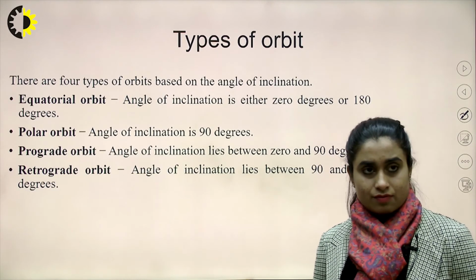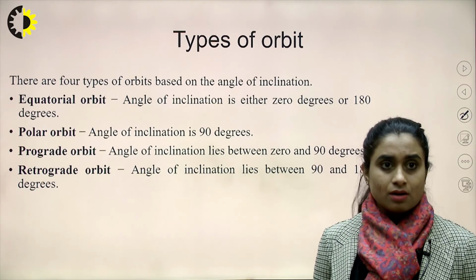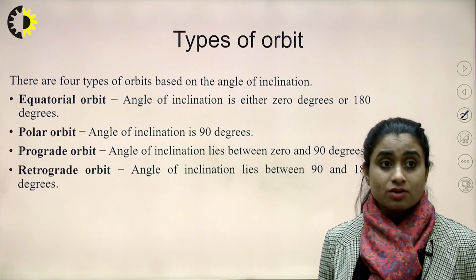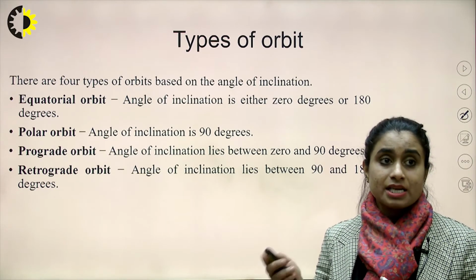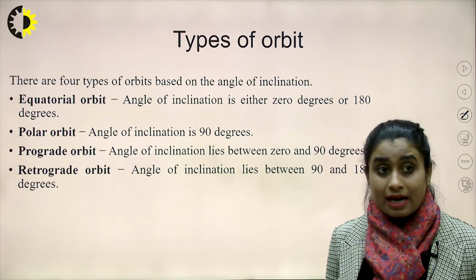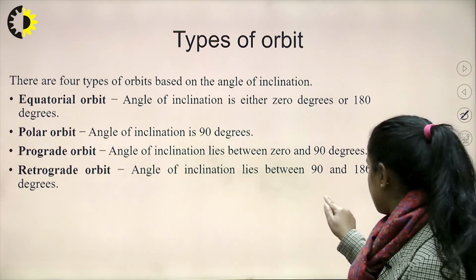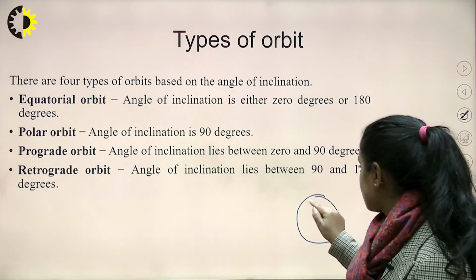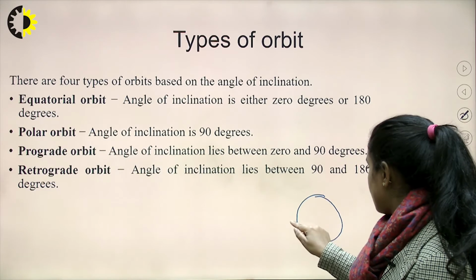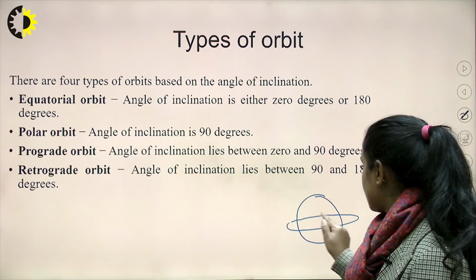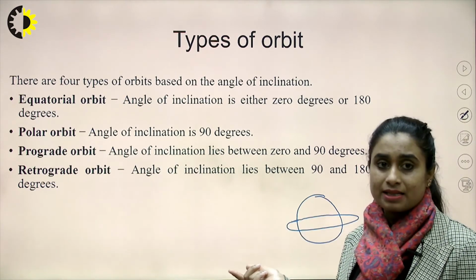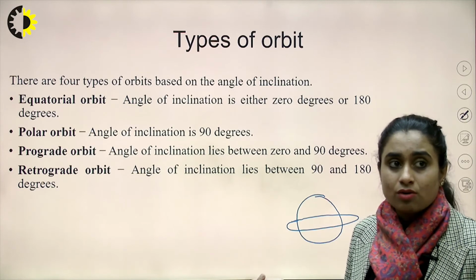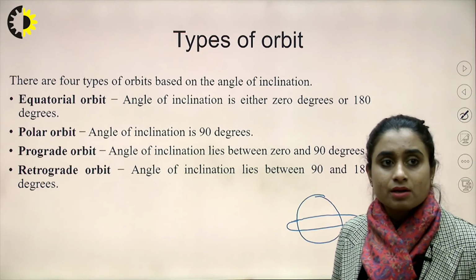Now, based on the angle of inclination, we can divide the orbits as equatorial orbit, polar orbit. Like I have drawn Earth's surface. If some orbit lies within the equatorial plane, that is with angle of inclination 0, that will be called an equatorial orbit.